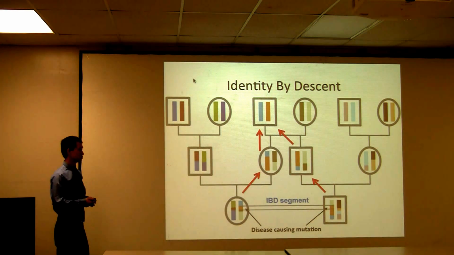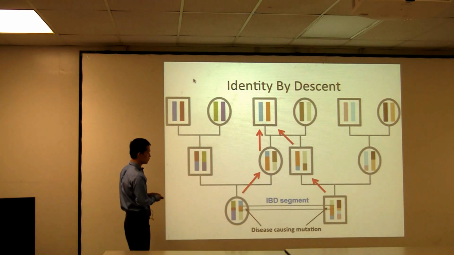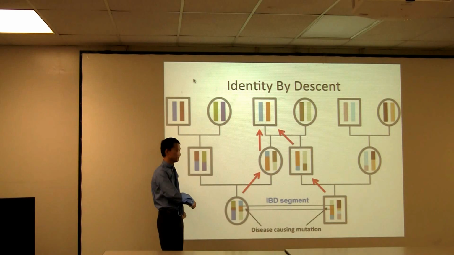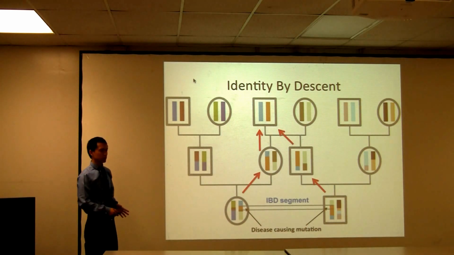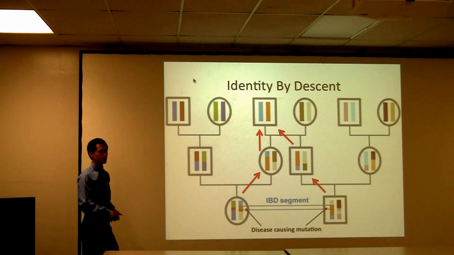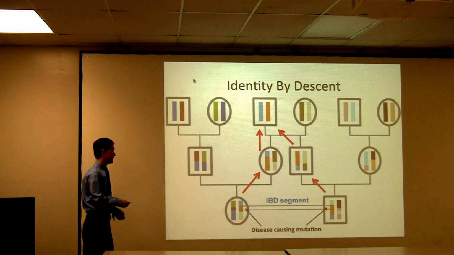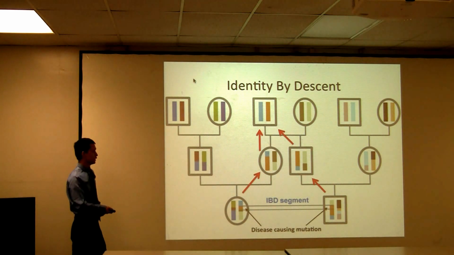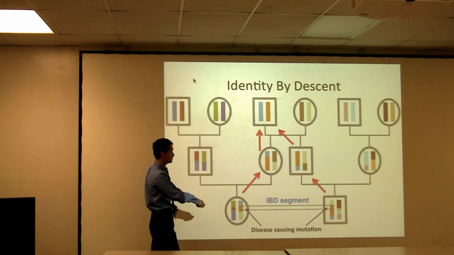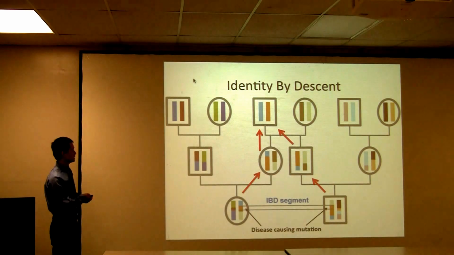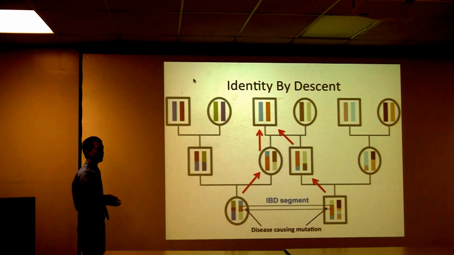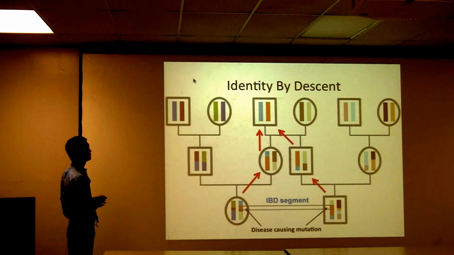Many methods have been proposed to detect the IBD segments associated with a certain disease or trait, but most of those methods are designed for case-control studies only. In this study, I developed a method to detect the IBD segments associated with quantitative traits. Next, I will show using an example how our method works.